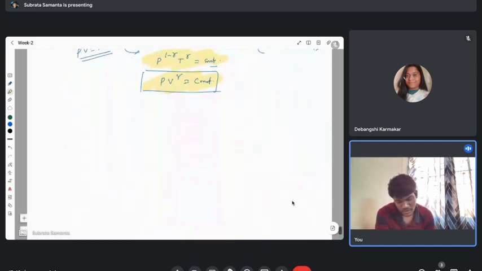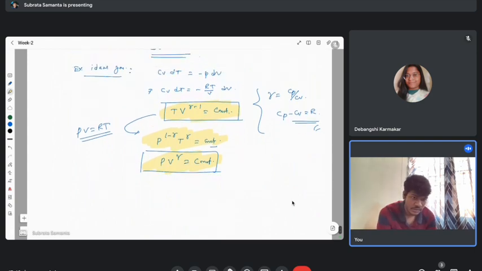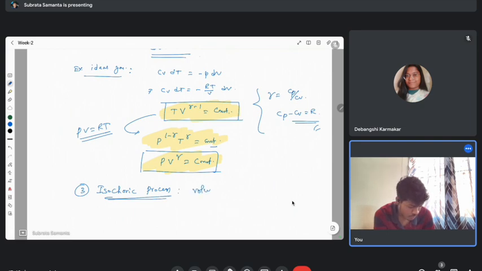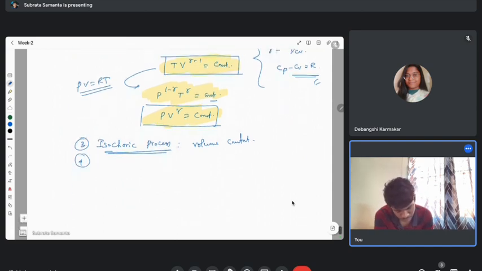And there are two other processes: the isochoric process, where the volume is constant, and the isobaric process, where the pressure is constant.